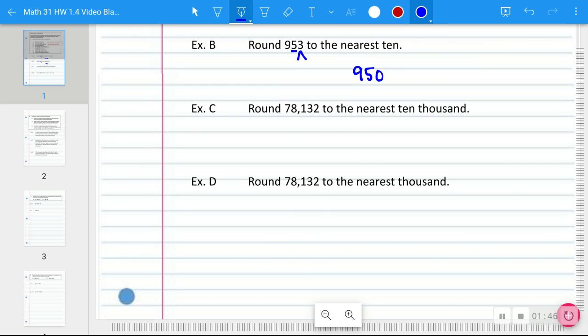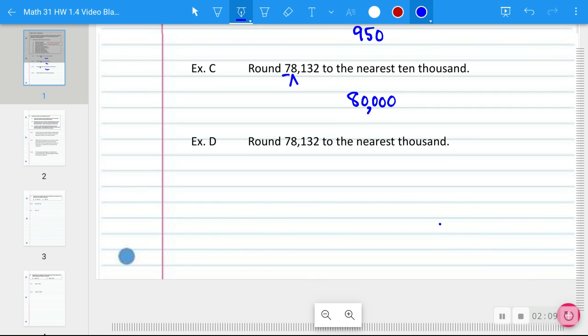Okay, the 10,000s digit is the first digit here. It's got a 7 in. So that 7, the only choices are 70,000 or 80,000. And since the 8 is 5 or higher, you're going to bump it up to 80,000. Okay, this next one is the same number, we're just rounding differently.